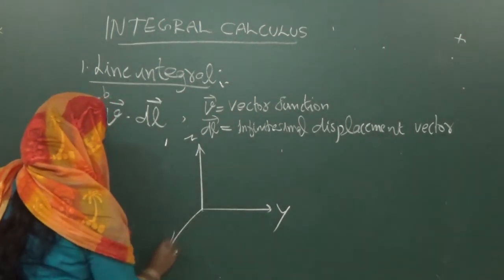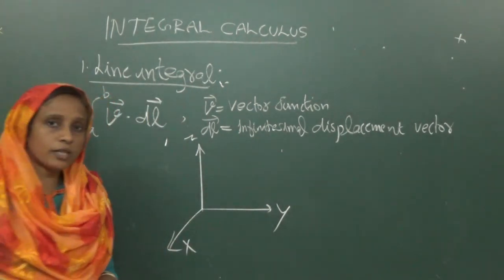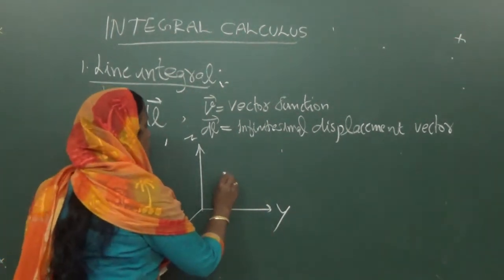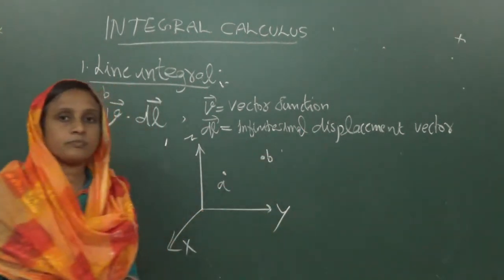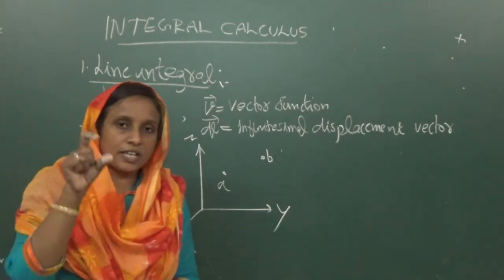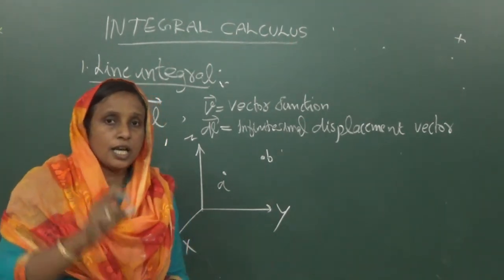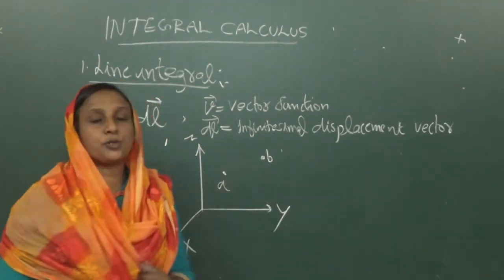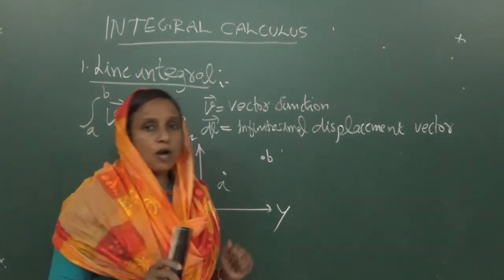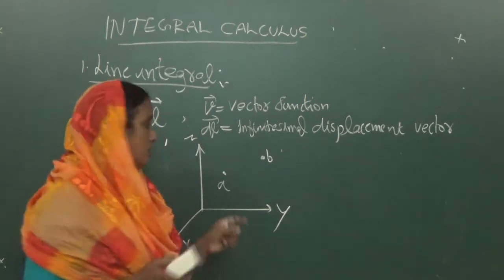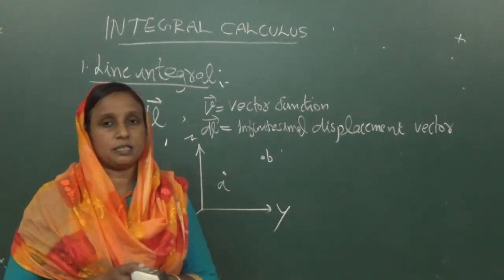Here there are two points A and B. We want to integrate the vector V along the line from A to B. Now, which is the path we want to integrate along? That is the question.